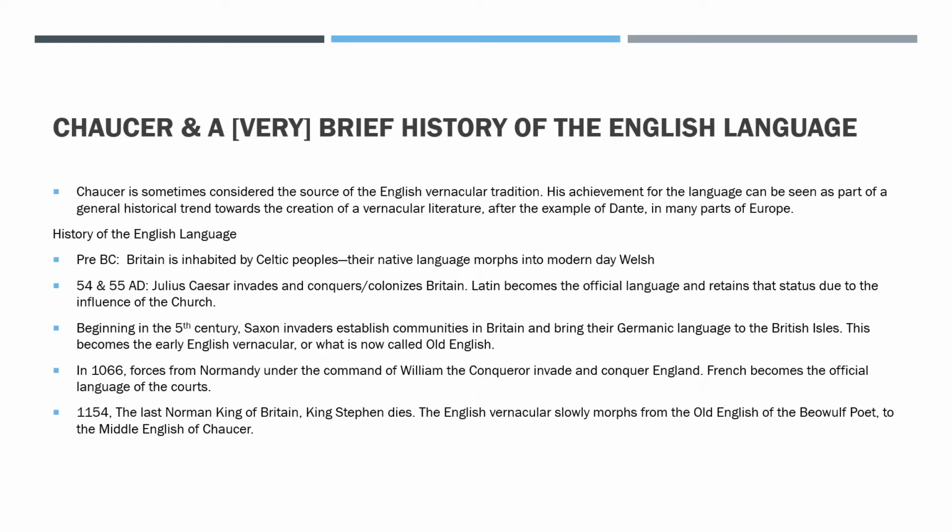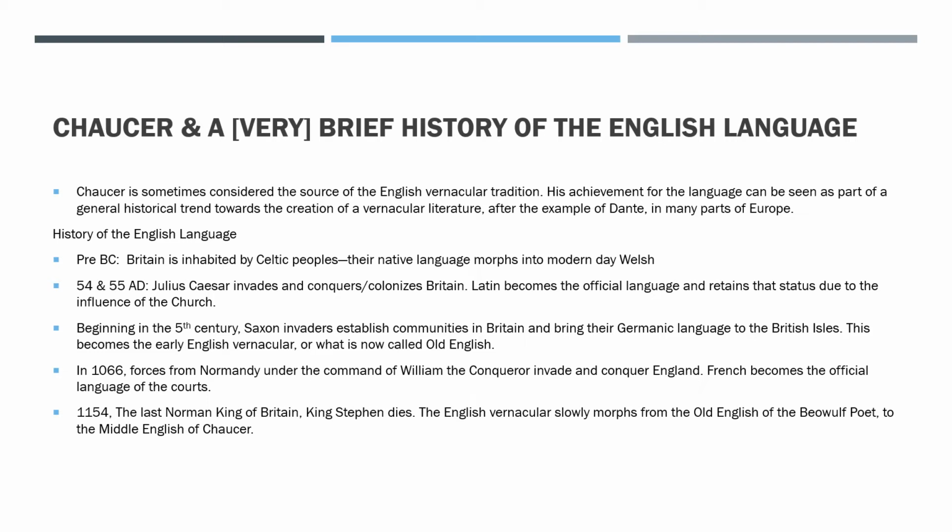However, then in 1066, forces from Normandy, which is part of what is now modern-day France, under the command of William the Conqueror, invade, and as you can tell from William's name, they conquer England. And French becomes the official language of the courts, and Latin remains the language of the church, which leaves the English vernacular as just kind of flapping in the breeze.